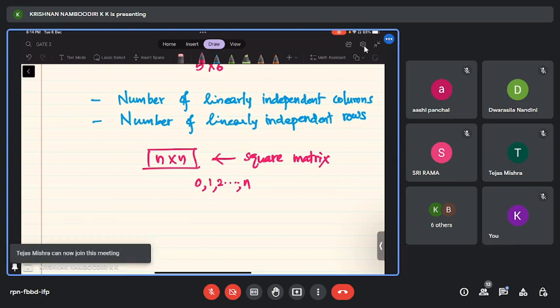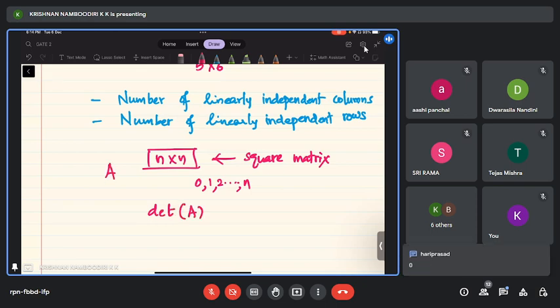Then what is the determinant of the matrix, say the matrix is A? The determinant of the matrix is nothing but the product of the eigenvalues, right? If one eigenvalue is 0, then the product of the eigenvalues is 0, so the determinant of A will also be 0. Suppose lambda i equals 0 for some i, then the determinant of A will be equal to 0.